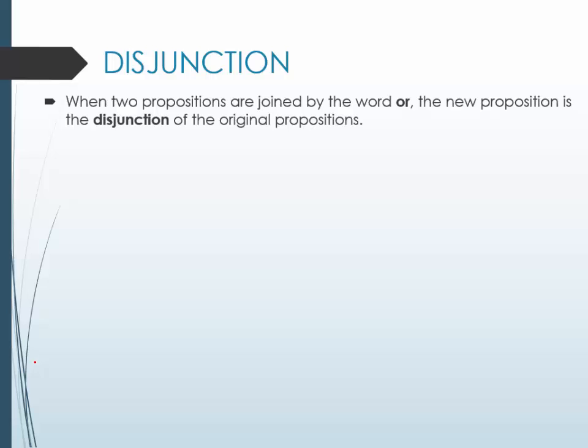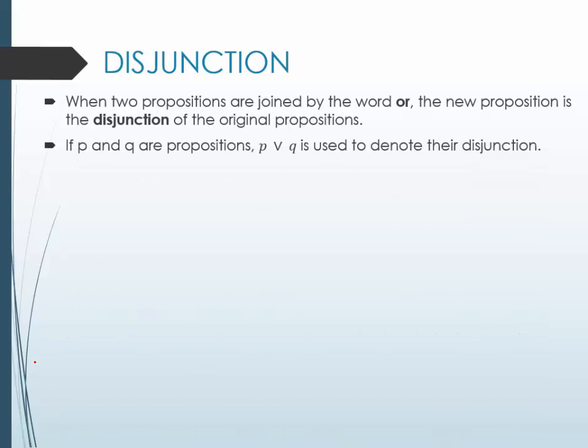In fact, if conjunction was an upside down V, and it's the same thing as an intersection, see over here on the board, the intersection is an upside down U, the conjunction is an upside down V. Well, disjunction is a right side up V. Okay?